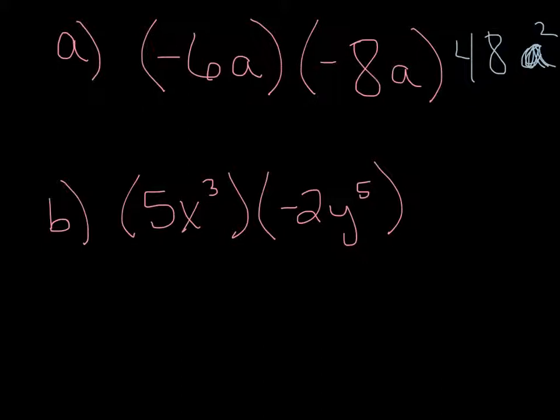Okay, let's look at B and see if you got that one. 5 times negative 2 is negative 10. Uh-oh, different bases. So we can just bring these over. x to the third, y to the fifth. How'd you do? Hopefully good.